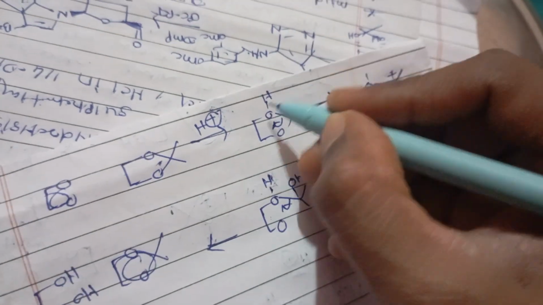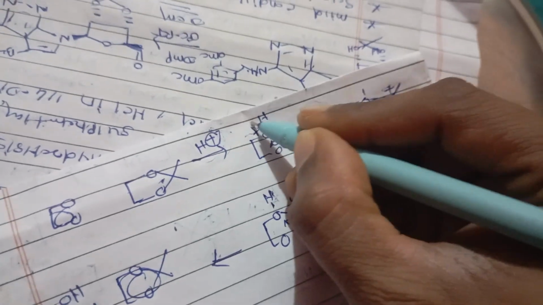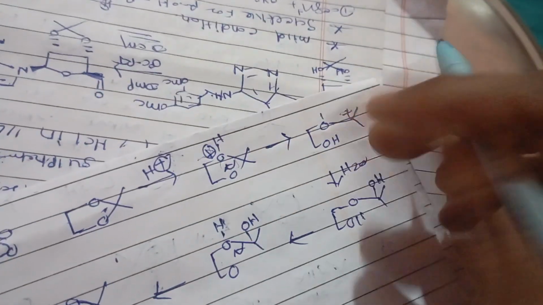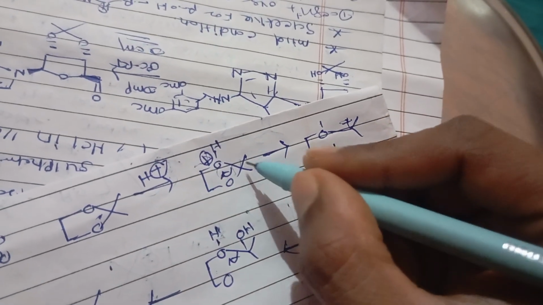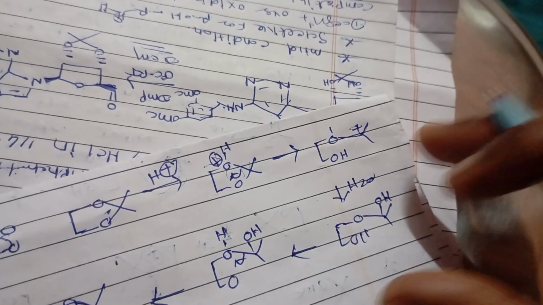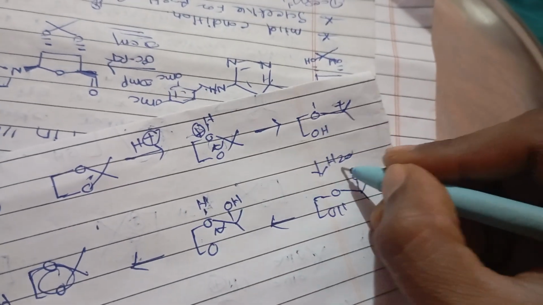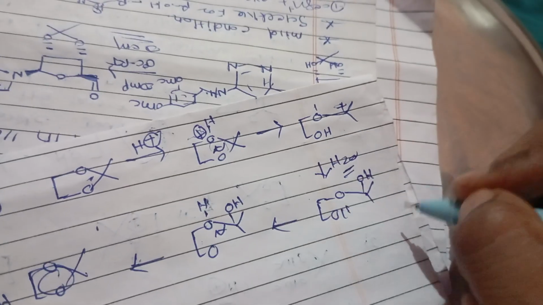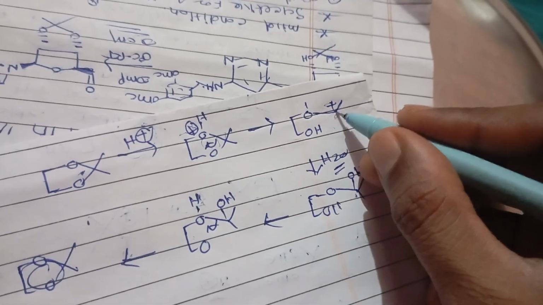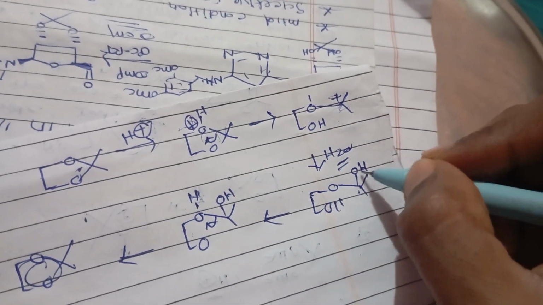Here the positive charge is generated, that is why this bond breaks, and now this group has a positive charge because it loses its bonding electrons. In the next step, water acts as a nucleophile and attacks the positive carbon which is attached here.